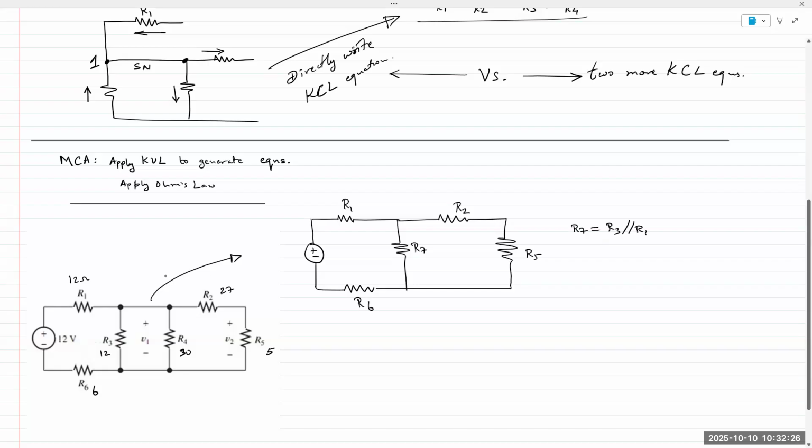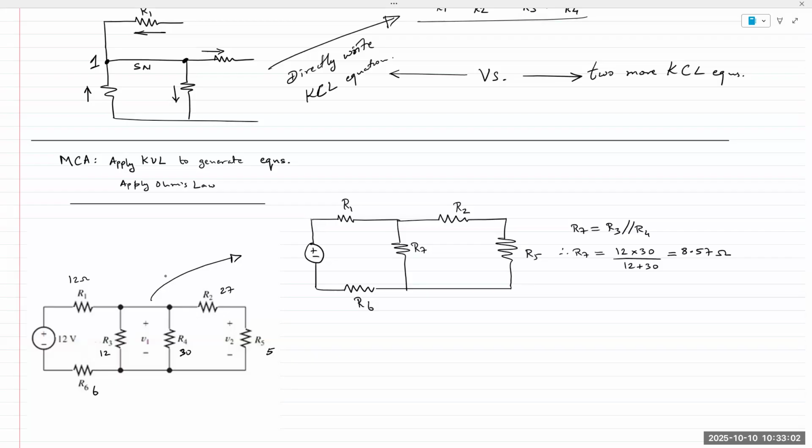What is the value for this parallel combination? Anyone? Get your calculators out, work with me as we go along. 8.57. Someone else, please confirm. Okay, great, 8.57.